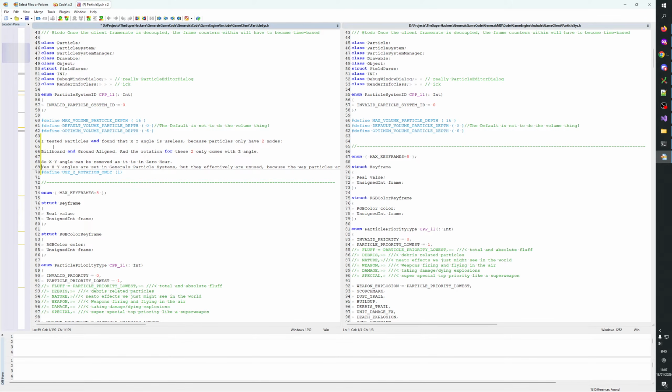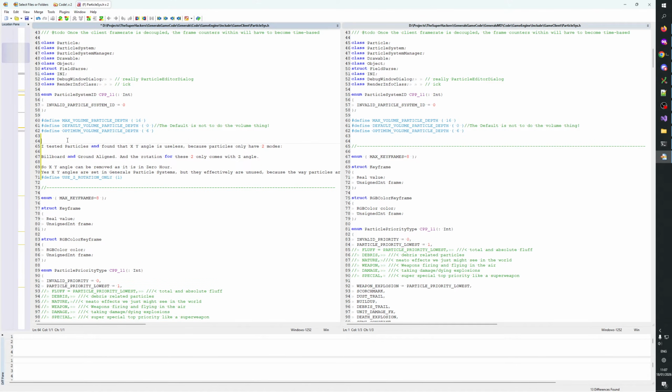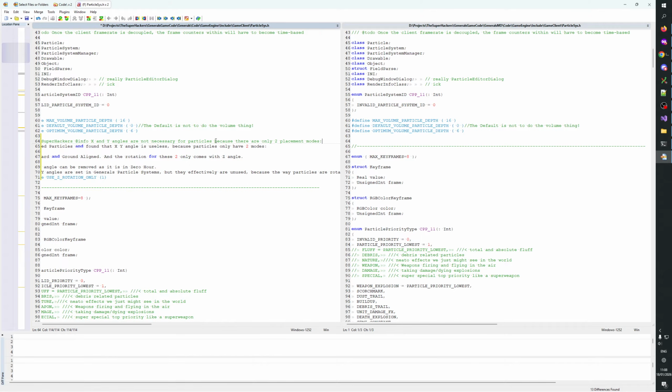So, how do we describe this? X and Y angles are not necessary for particles because there are only two placement modes.